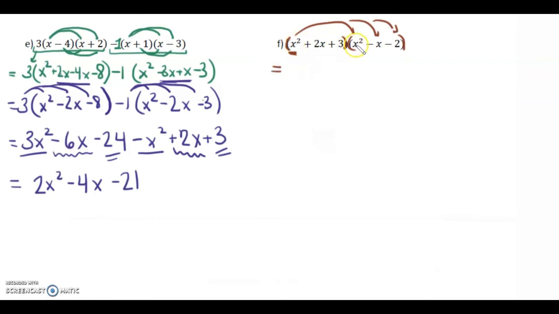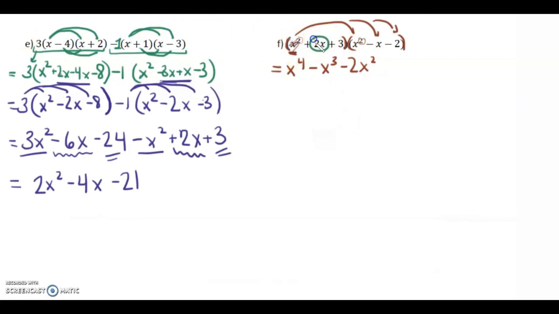So x squared times x squared is x to the 4. Remember exponent laws, we're adding these exponents when we have the same base. Now x squared times negative x is negative x cubed. X squared times negative 2 is negative 2x squared. And we're done with the x squared.